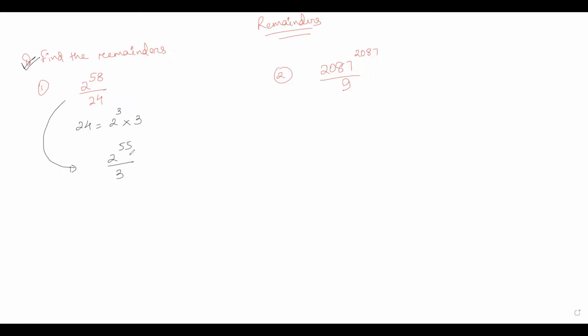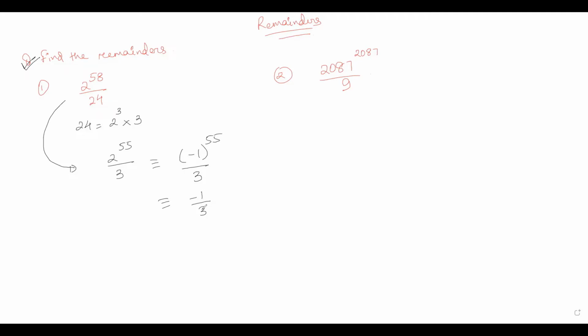Now we have 2 raised to power 55 upon 3. So we know that when we divide 2 by 3, the positive remainder is 2, but the negative remainder is -1. So this would be the same as the remainder of -1 raised to power 55 upon 3. Now, -1 raised to power 55 would be -1 upon 3.